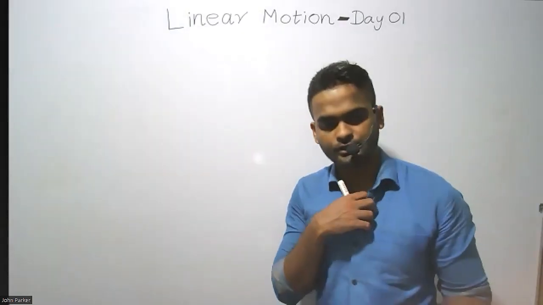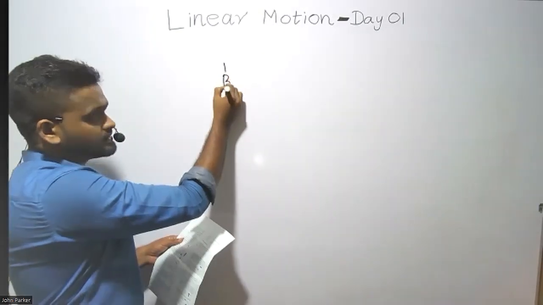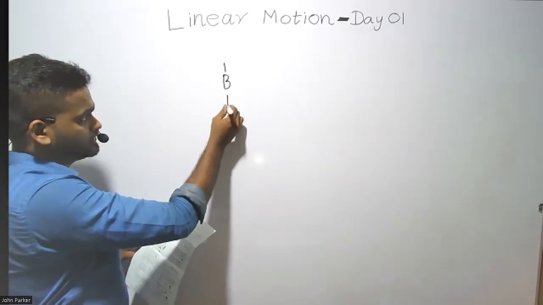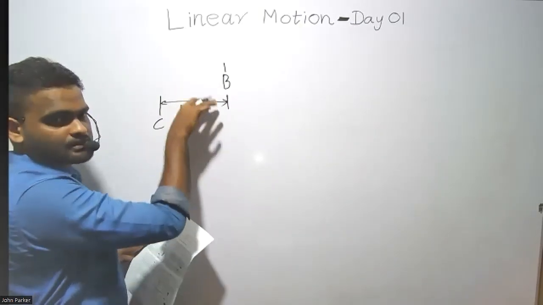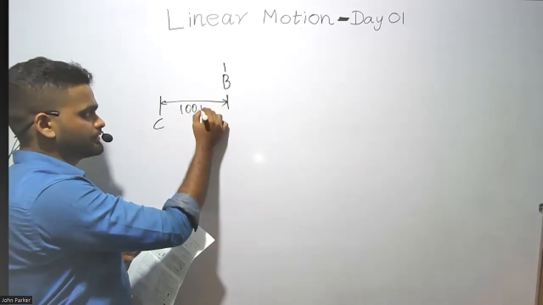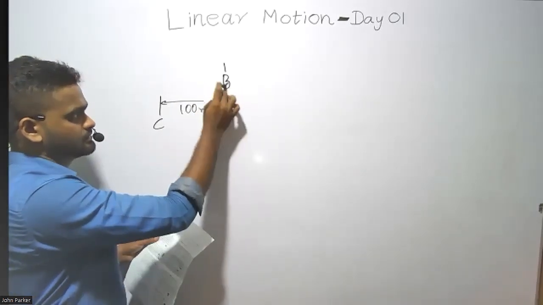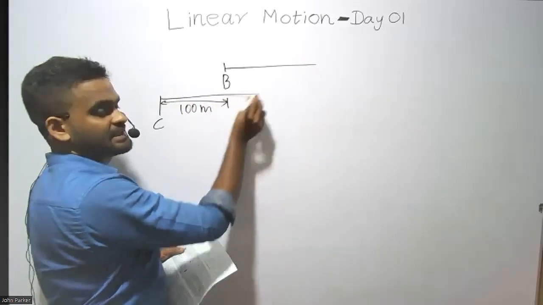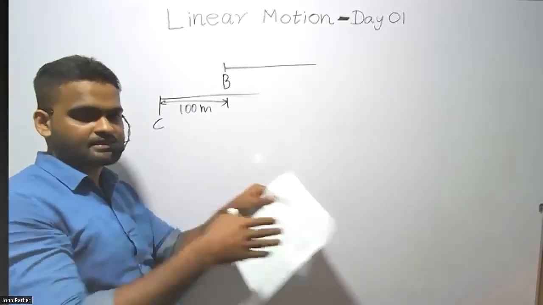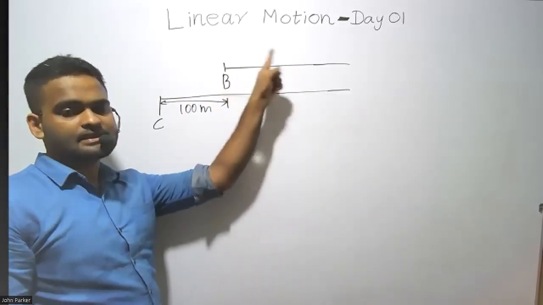Draw a sketch. So there's a bus, then there's a car, but the car is 100 meters behind the bus. I'll draw in two parts, right? They both start moving simultaneously. At the same moment, they start moving. The bus is in front, right?